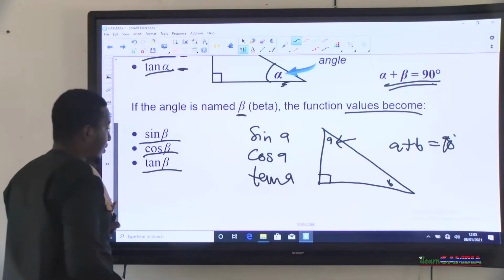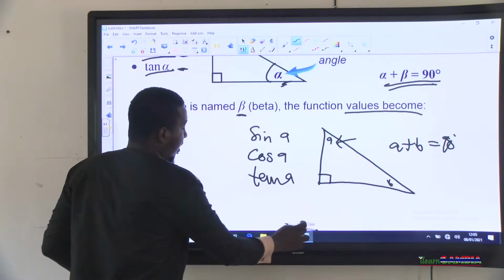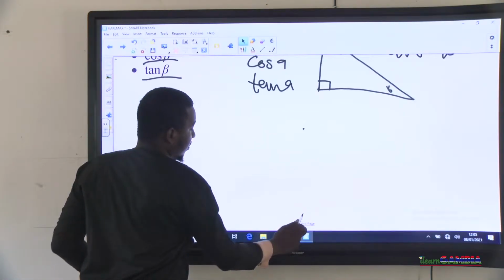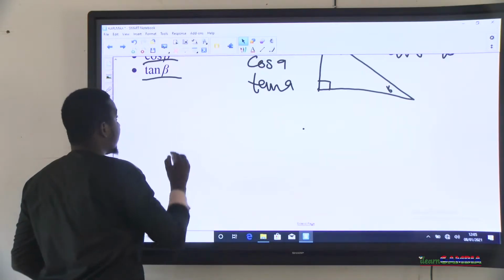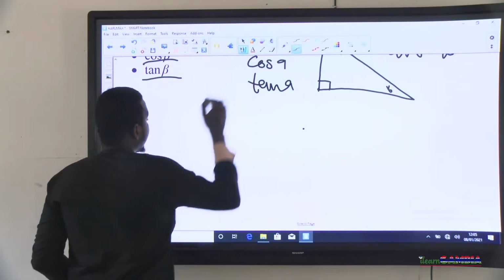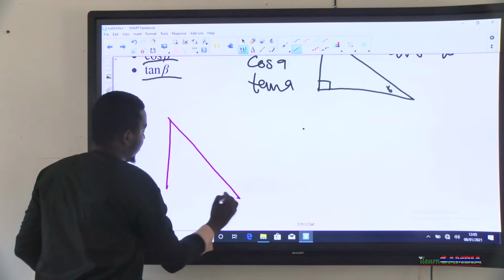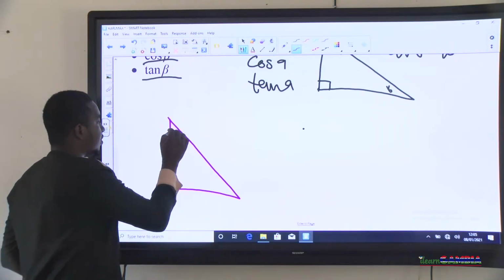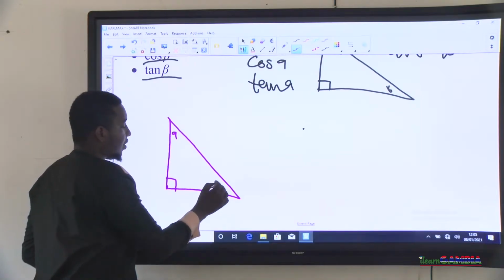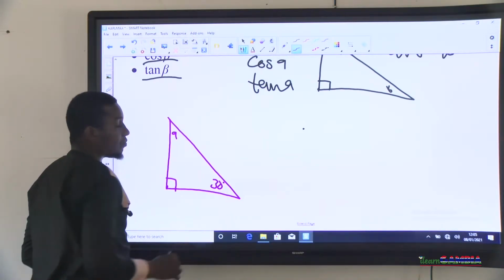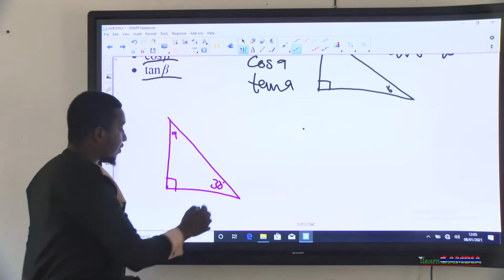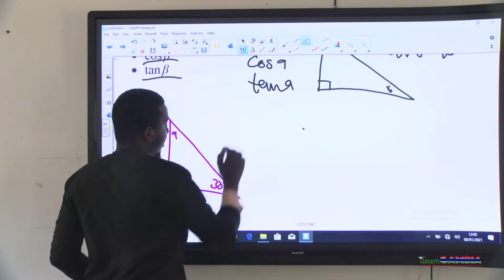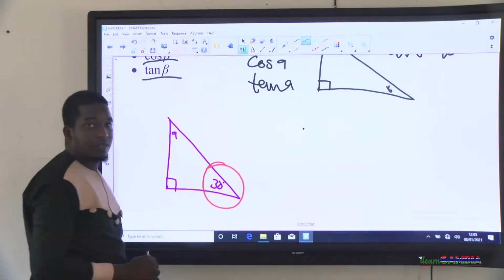And again, if for instance we are given a triangle, and here is 90, and we are told that this angle is, for instance, A, and this other angle is 30 degrees, and our reference angle is the angle that is 30 degrees.